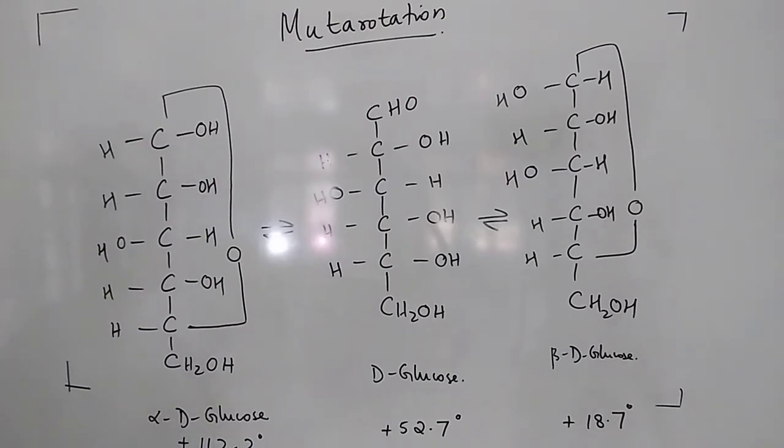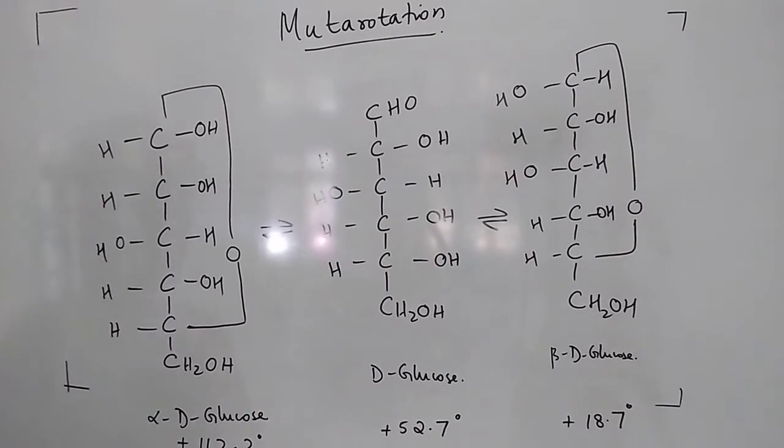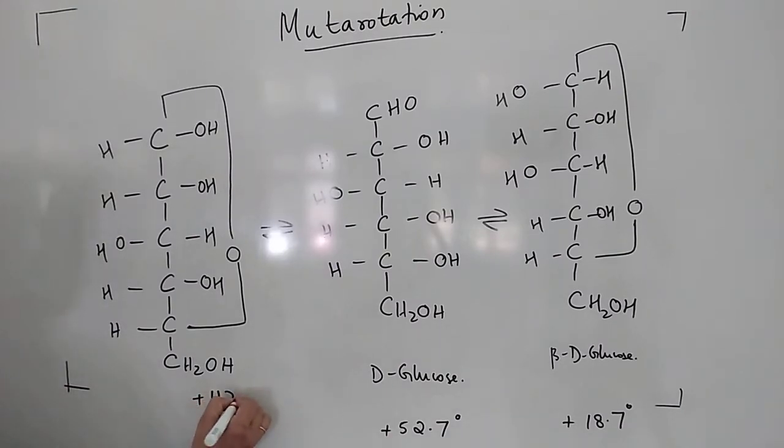So once you take the aqueous solution of alpha D glucose, it has a specific rotation of plus 112.2 degrees.